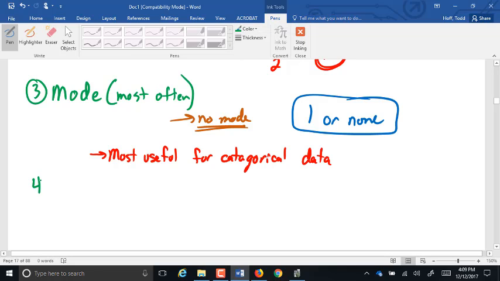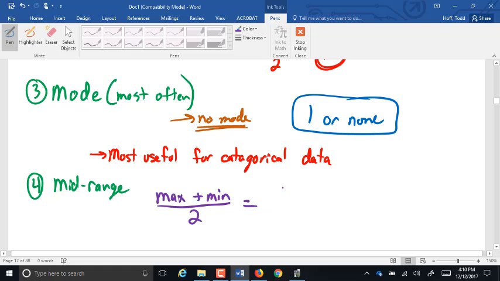Another measure of center, the final one that we're going to talk about, is something called the mid-range. The mid-range involves taking the largest number, the maximum, plus the smallest number, the minimum, and you're averaging together. You're adding them together and dividing by 2.